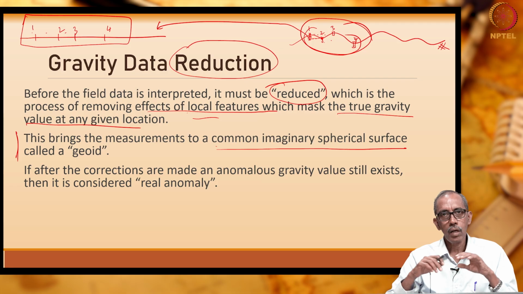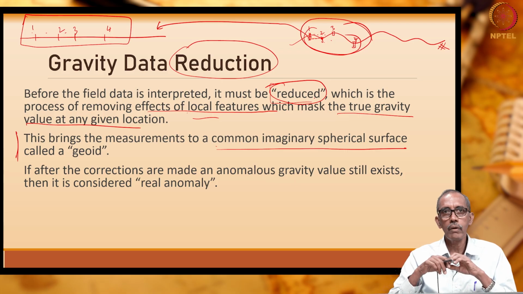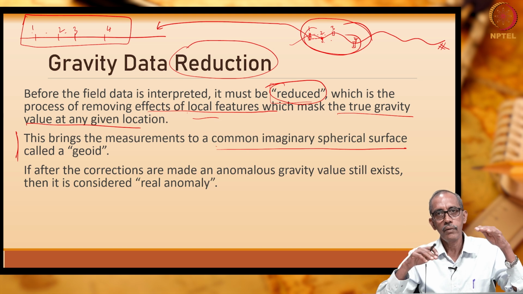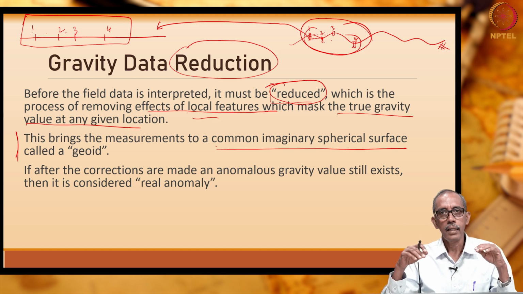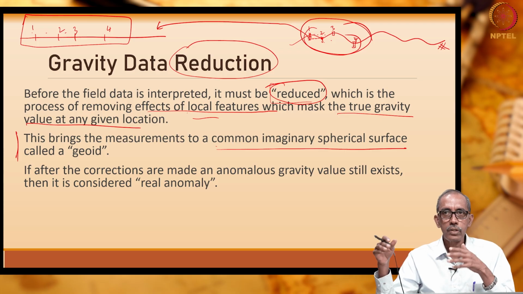We have carried out all the corrections. What do I mean by correction? That means we have reduced the data to overcome all the effects of changes in the latitude, changes in elevation, right, and additional thickness. We are going to see one after another.